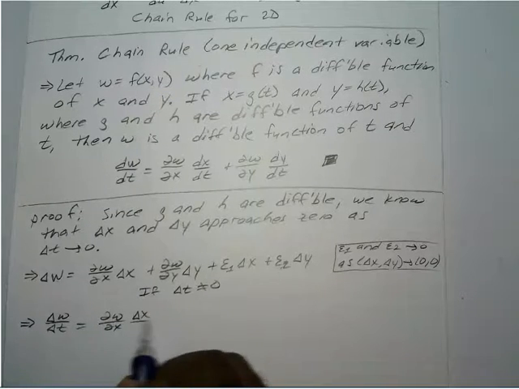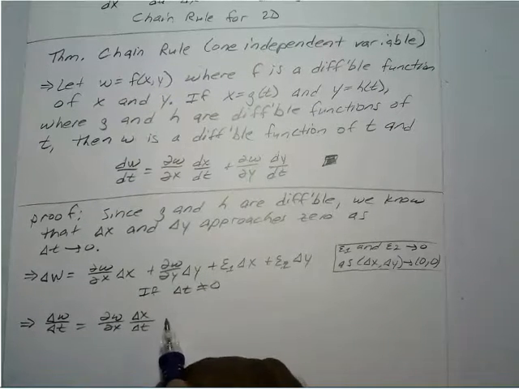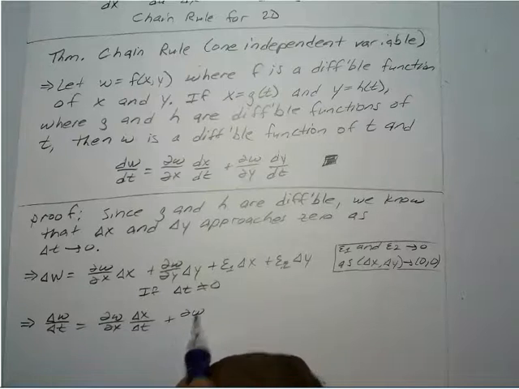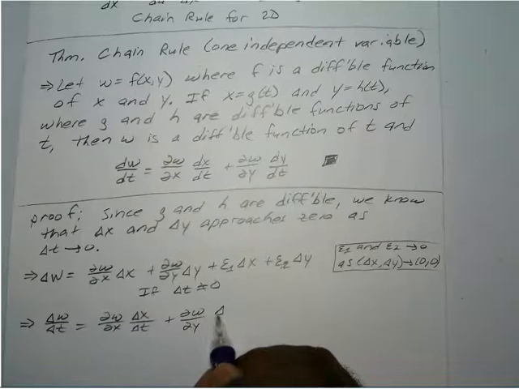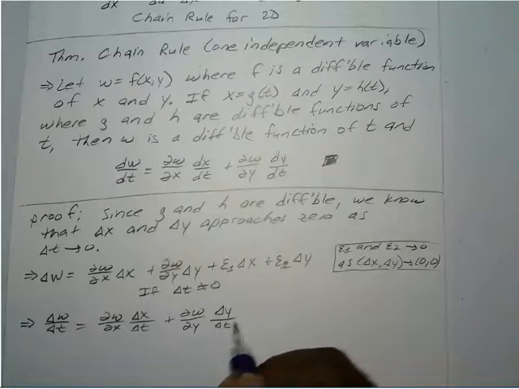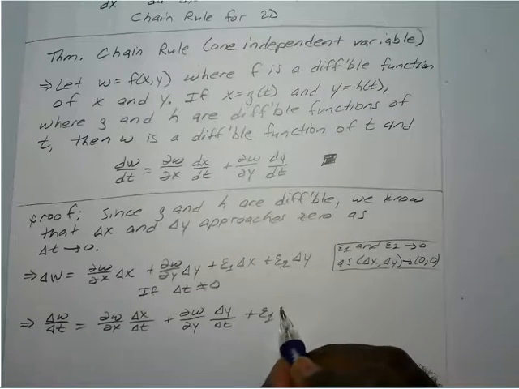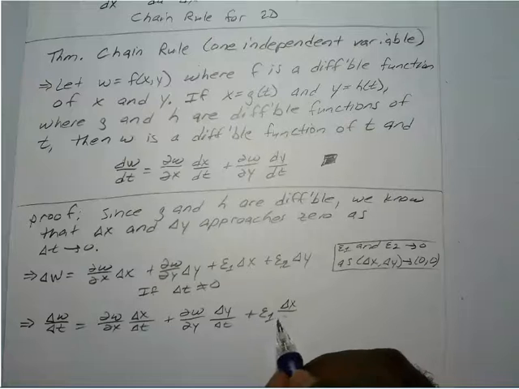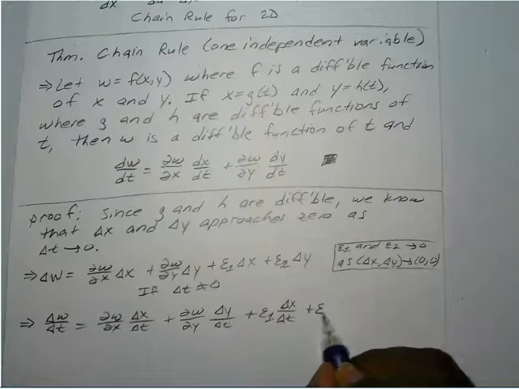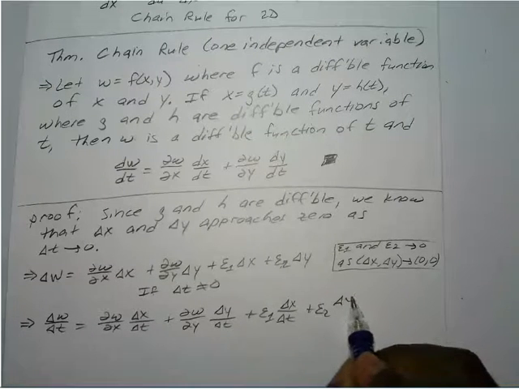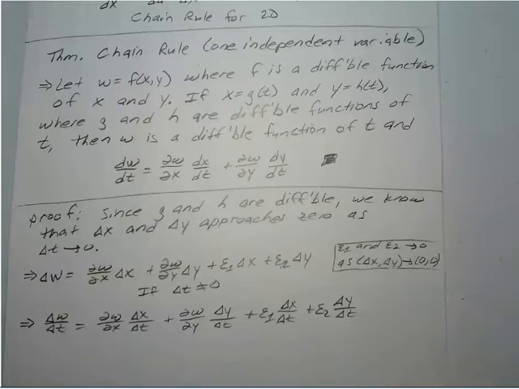We have partial w with respect to x times delta x over delta t, plus partial w with respect to y times delta y over delta t, plus epsilon 1 times delta x over delta t, plus epsilon 2 times delta y over delta t.